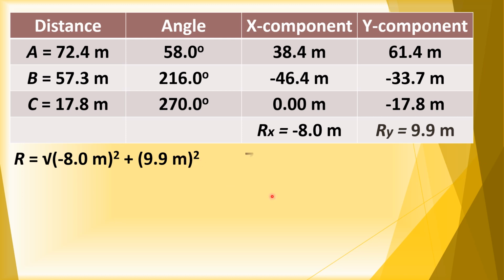And what we will get is a value for the resultant, or the magnitude of the resultant vector, equal to 12.7 meters.